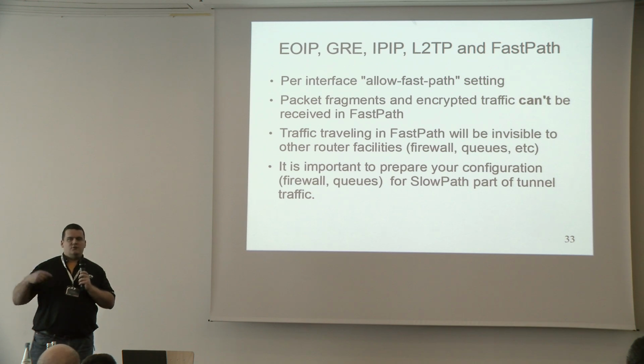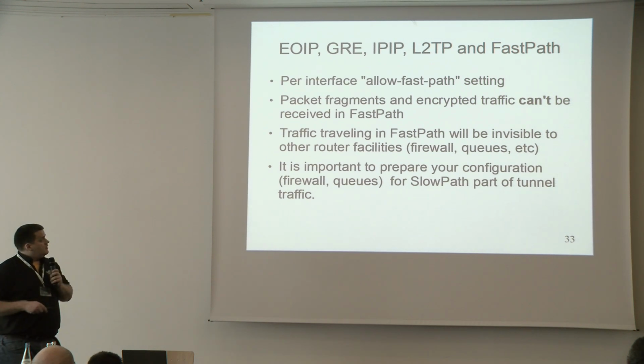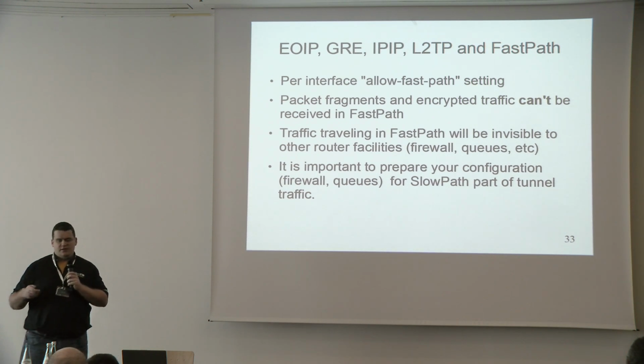It will skip firewall, it will skip queues, but it will go the FastPath way through your device. But always prepare your firewall. If something happens and you receive some fragment, this tunnel will jump back to the slow path, and your firewall needs to be prepared for that.